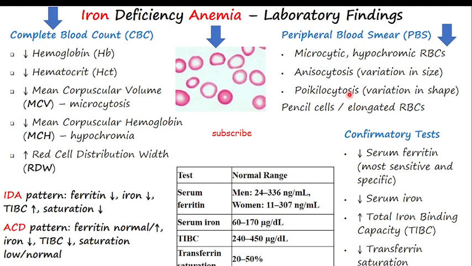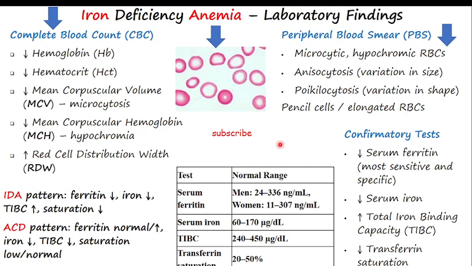Also poikilocytosis, variation in shape. See, this one is somewhat round, this one is small, oval, like that. So the size variation is anisocytosis, and the shape variation is poikilocytosis. Also pencil cells, elongated RBCs, can be observed, but in this image they are not there.